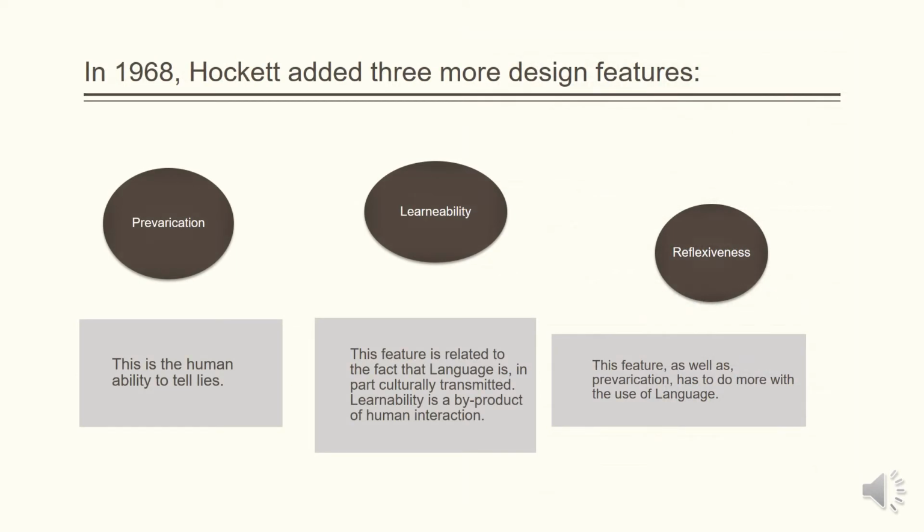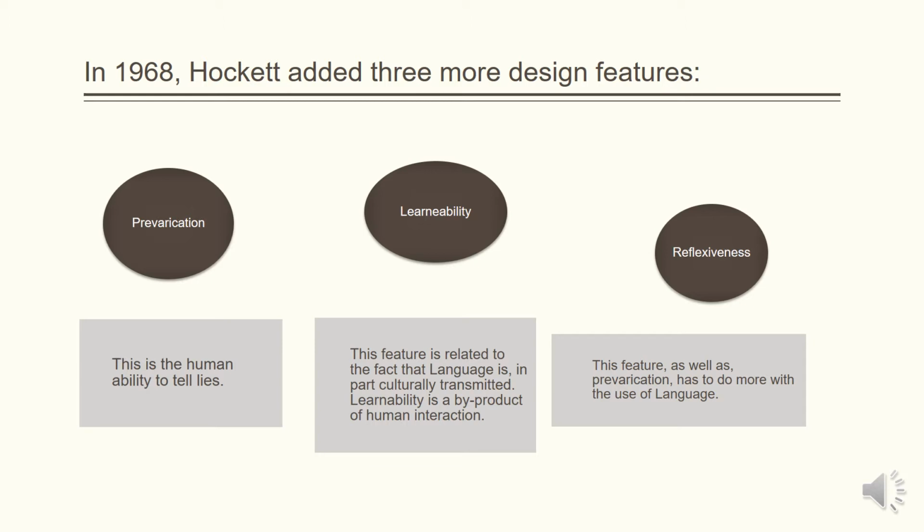We have these 3 other features that were included in 1968 by Hockett, but then they were eliminated by some other linguists. Prevarication and reflexiveness were not included because they are considered uses of human language, not features of it.